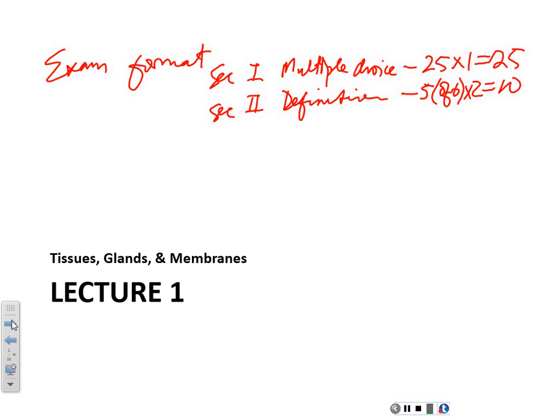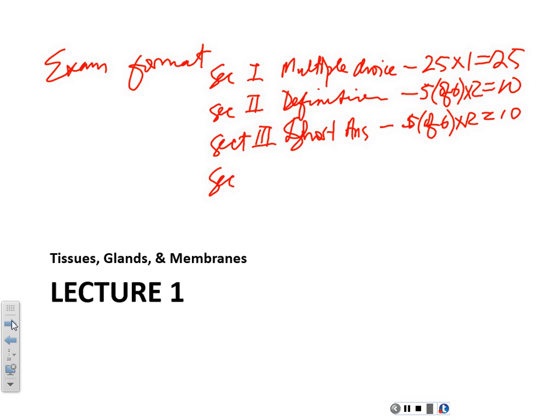And then section 3 will be the short answer questions that we're used to already. It will be 5 again of 6 times 2, which is 10, and section 4, which is the long answer.